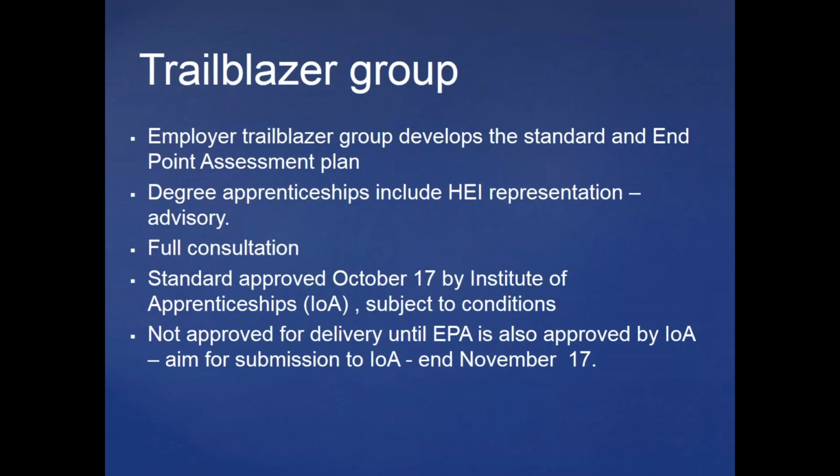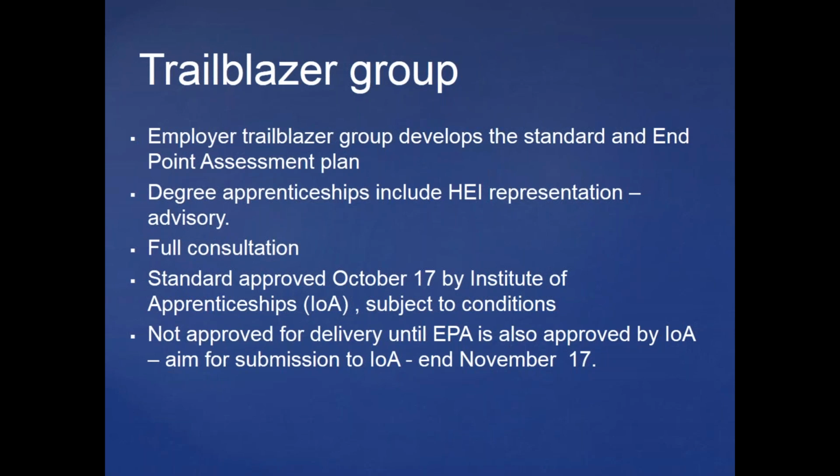to a number of conditions that the IOA have identified. Those conditions have been dealt with by the Trailblazer group, and that's being resubmitted. So that's where that is in the journey. But the apprenticeship cannot be approved for delivery until endpoint assessment is also approved by the Institute of Apprenticeships.